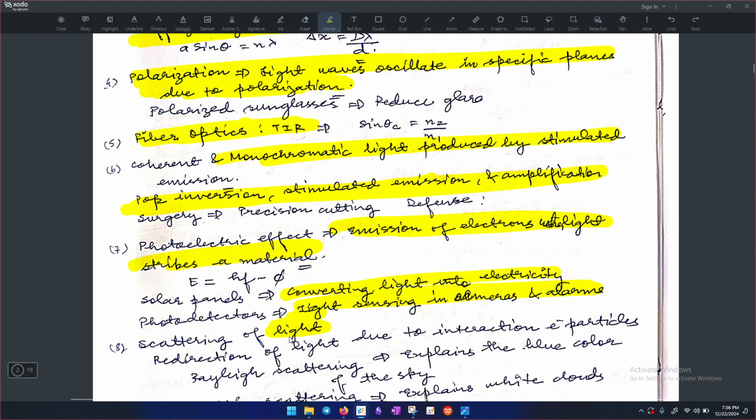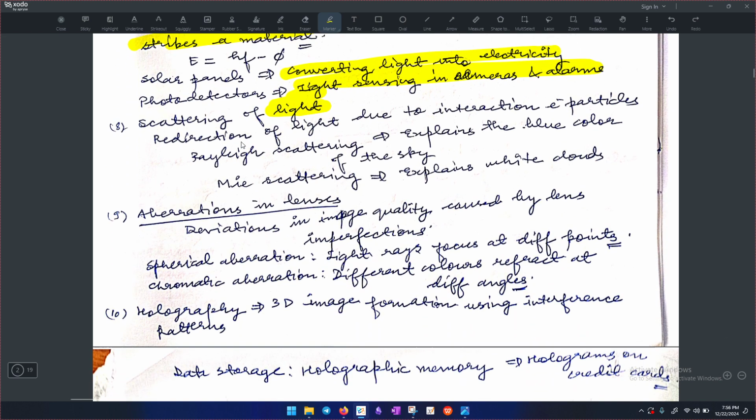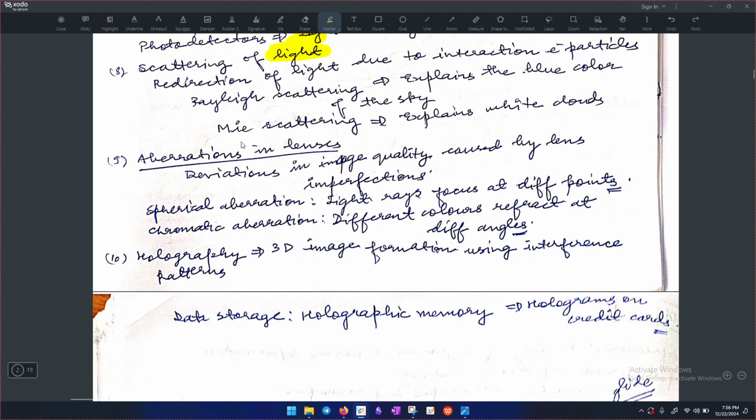Scattering of light is redirection of light due to interaction with particles. Rayleigh scattering explains the blue color of the sky, and Mie scattering explains the white clouds. Aberrations in lenses are deviations in image quality caused by lens imperfections.